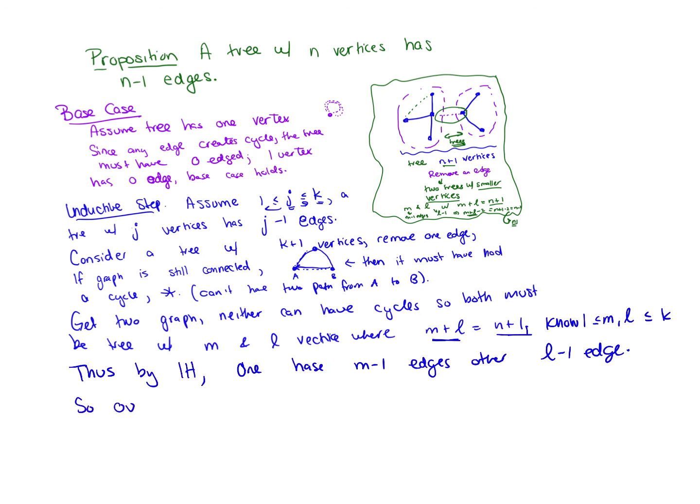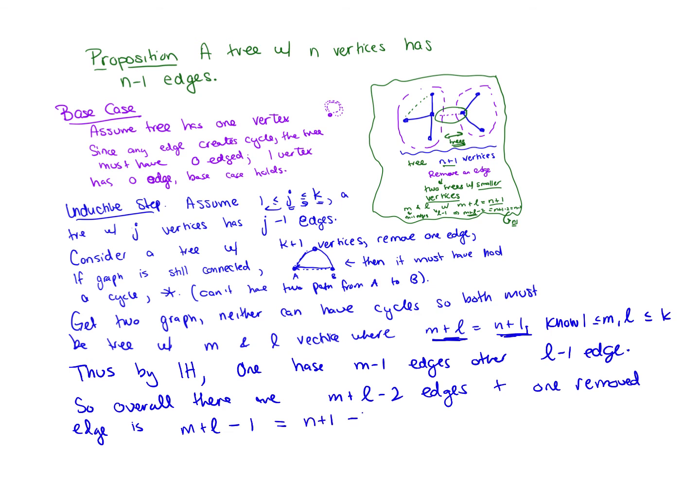So overall, there are m plus l minus 2 edges, plus the one removed edge, is m plus l minus 1, which is equal to, remember m plus l was equal to k plus 1, so that's k plus 1 minus 1, which is k edges.